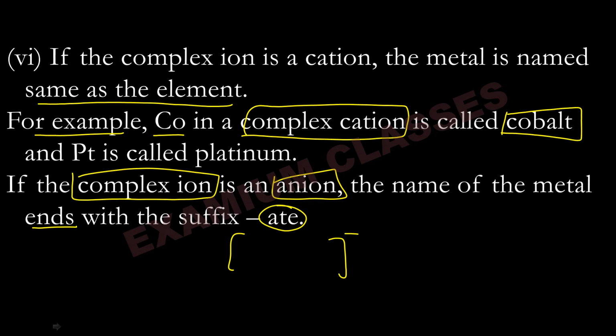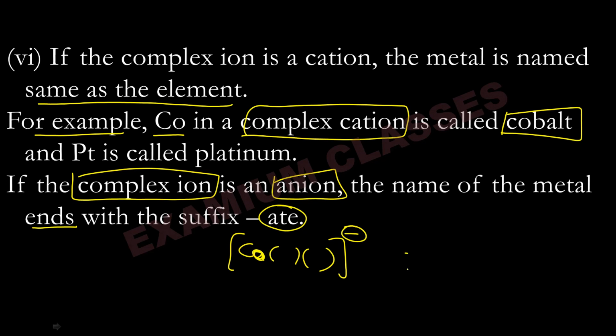Is that clear what I am saying? So if you are writing here Co and then something here, but there is a negative sign, then when I write the IUPAC name, cobalt will end with -ate. So you will write cobaltate in this case.